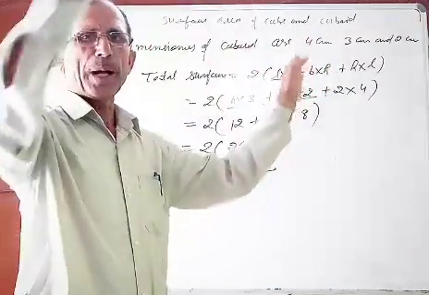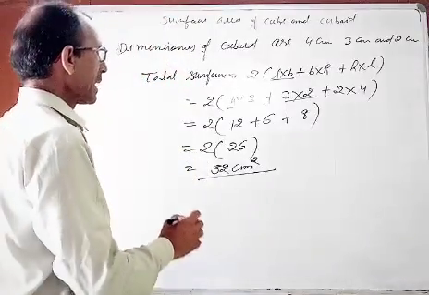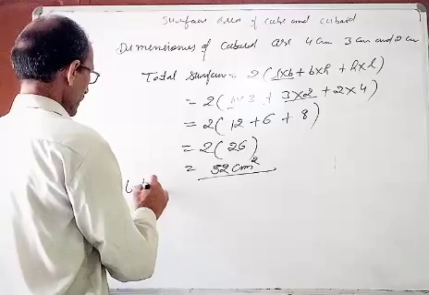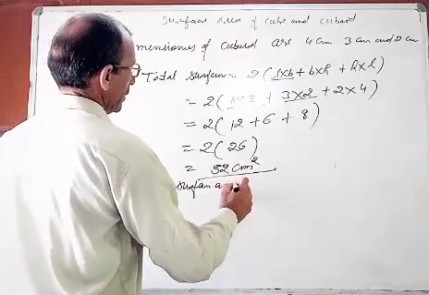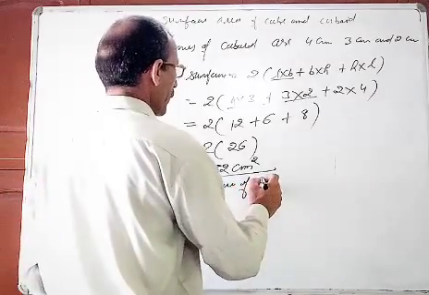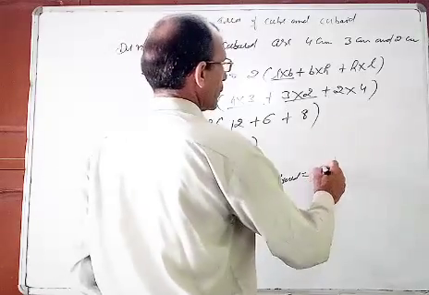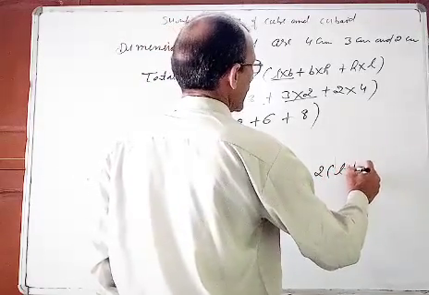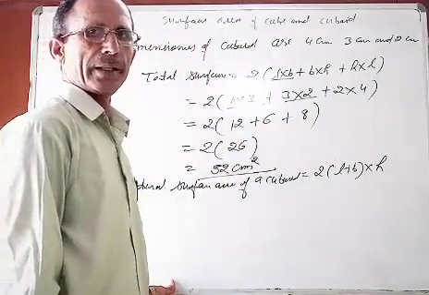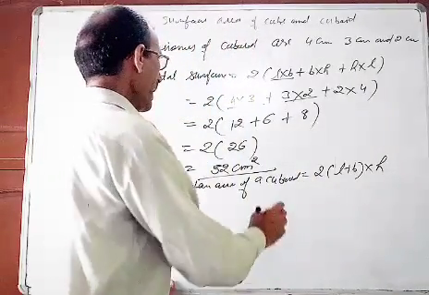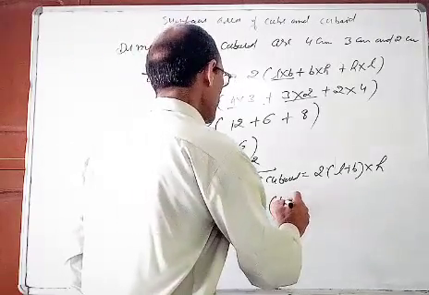Now we have to find the lateral surface area, or you can say area of 4 walls. What is the formula? 2 into (L plus B) multiplied by height. 2 bracket length plus breadth multiplied by height. What is length? Length is 4.